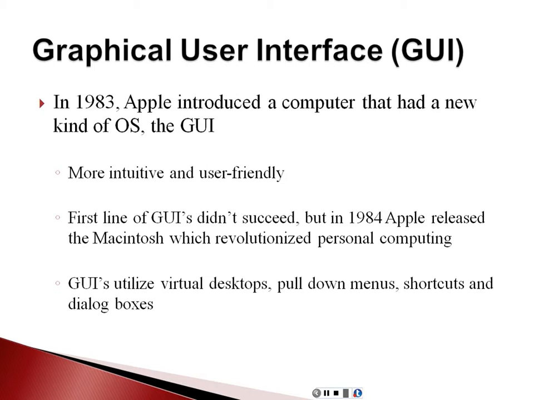It was more intuitive, more user-friendly, and the first line of the graphical user interface didn't succeed because it was so easy. You had people out there used to using computers and typing in the commands and writing the programs and everything. So they thought, this is just too easy. This cannot be right. So it didn't succeed in '83 when Apple came out with this GUI.